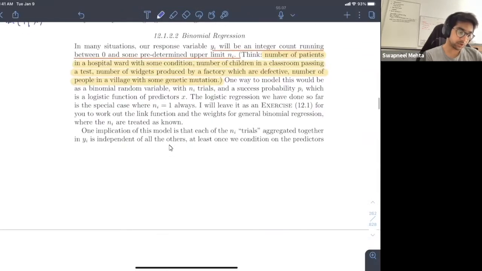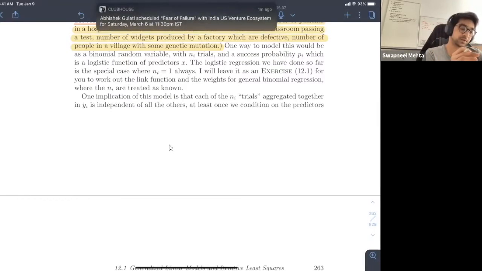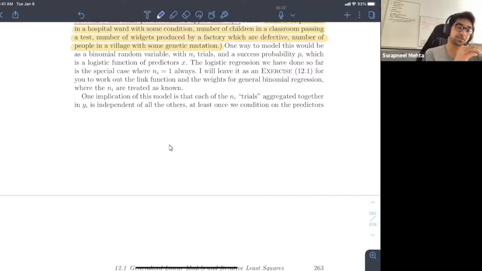So the binomial distribution, for those of you who don't remember it, is basically, I don't want to get into that right now. Just like you perform a series of experiments. Each experiment is independent. Each experiment has a certain probability of success or failure. And this is the model that describes the possible outcomes of those series of experiments.